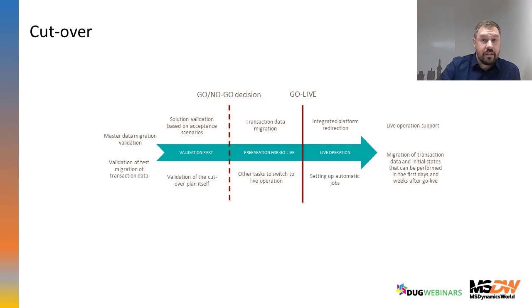So integrating platforms have to be definitely redirected and must operate. Consultants provide live operation support. There is migration of transaction data and initial state that can be performed in the first days and weeks, like bank data, and so on.